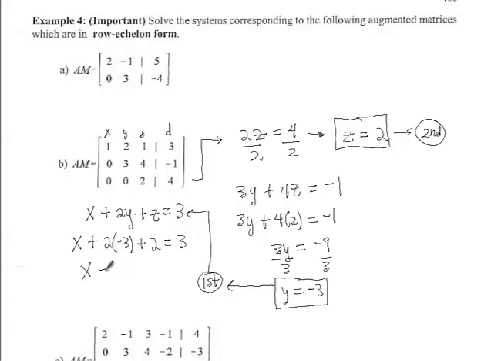We isolate the x on one side. 2 times negative 3 is a negative 6, plus 2 is a negative 4, so we would have to add 4 to both sides, and we would end up with x equals 7. That would complete our solution. Our solution to this matrix in part B would be the triplet 7, -3, 2.